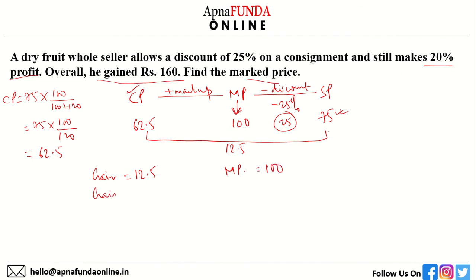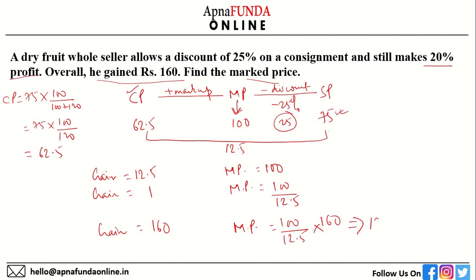When the gain is equal to 1, mark price is 100 by 12.5. When the gain is equal to 160, mark price is equal to 100 by 12.5 into 160. This is equal to 1280. This is the mark price. This is my answer. Very simple question. I hope you have followed, you have solved along with me, and this is the answer that even you will get.